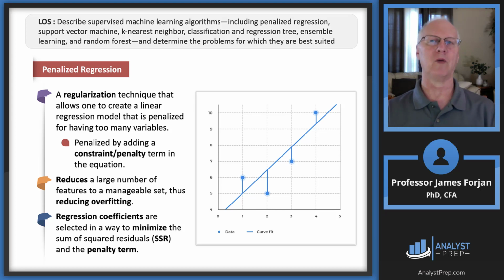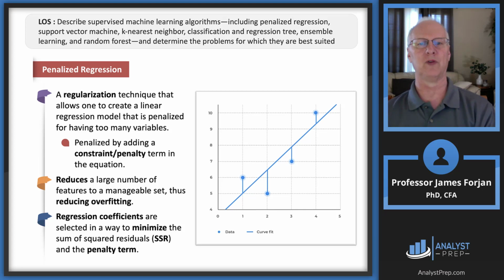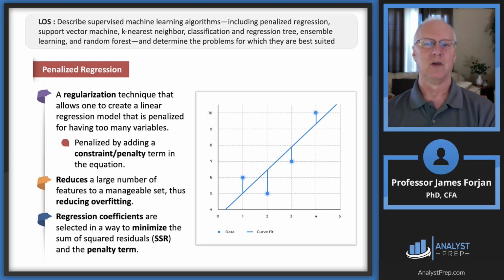Remember back when we did multiple regression analysis, we had the problem that adding an extra independent variable increased the likelihood of violations of the assumptions, not least of which was multicollinearity. When you add those extra variables, you get a higher R squared, and then remember we had to do the adjusted R squared.